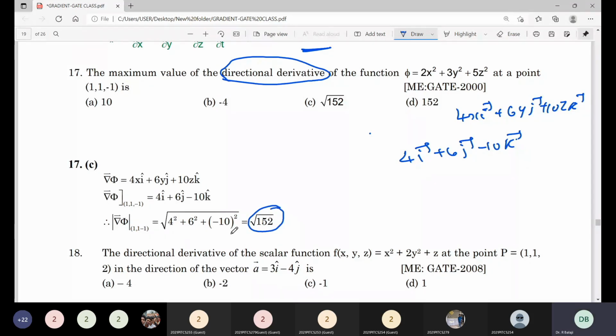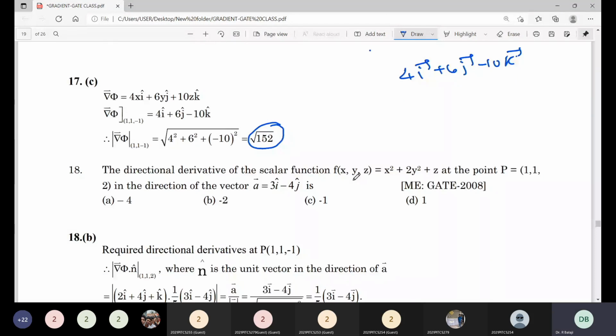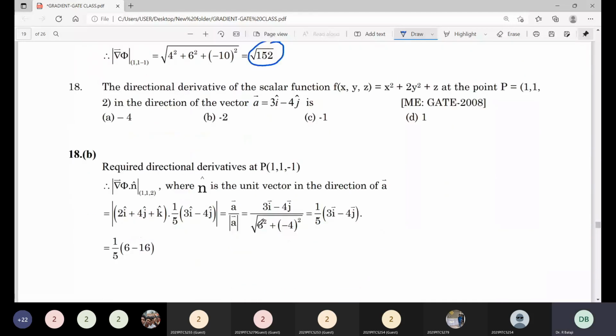Next, the directional derivative of the scalar function f(x, y, z) equal to x square plus 2y square plus z at the point P equal to (1, 1, 2) in the direction of the vector a equal to 3i vector minus 4j vector. So now we see the answer.